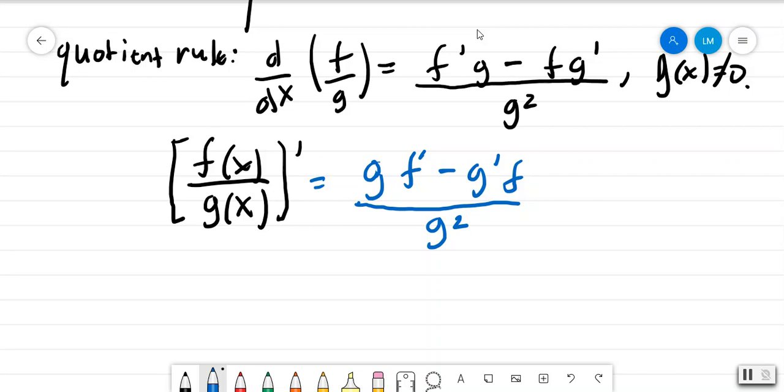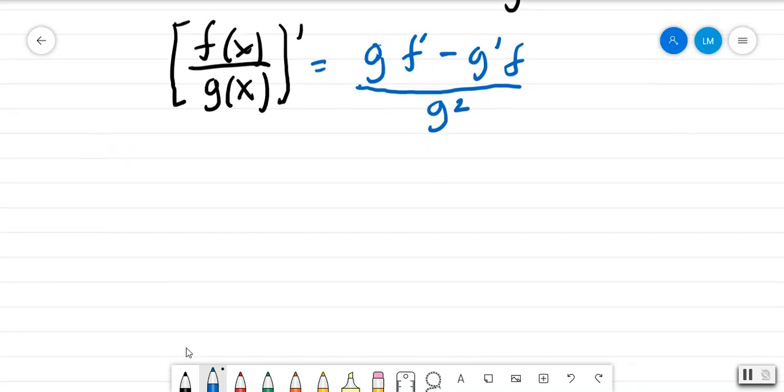So if you want, you can try to memorize it as low D high, and then it's supposed to be high D low. In that case, these two would have to be interchanged. But it's all the same really, so it's however you want to memorize it.